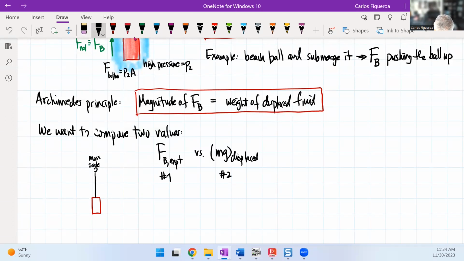You're going to have some spring scale that's going to measure this in air. In other words, you're going to get the weight of this object in air, which is mg in air.